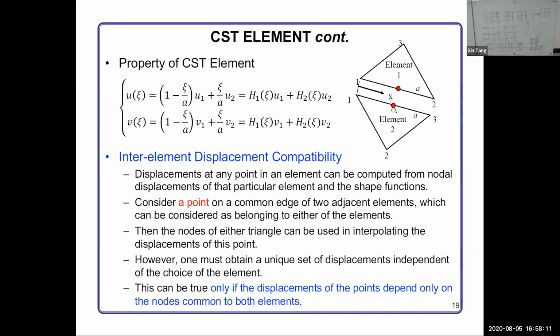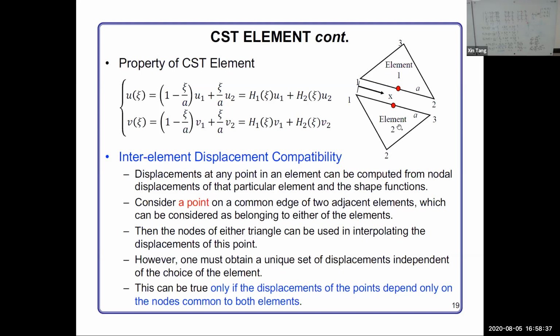This point is also shared by this element. And if you calculate the displacement of this point, you will now use the shape function of this element and the displacement of these three nodes, right? These nodes are actually different. Node 2 of element 2 is different from node 3 of element 1.